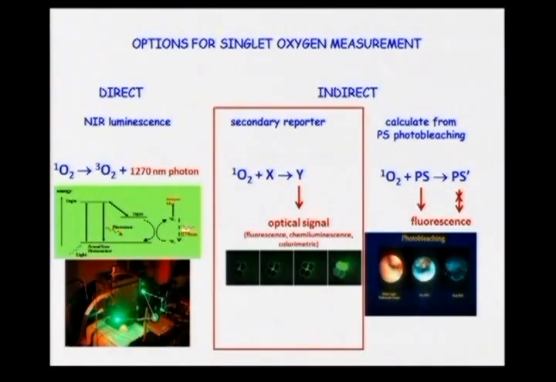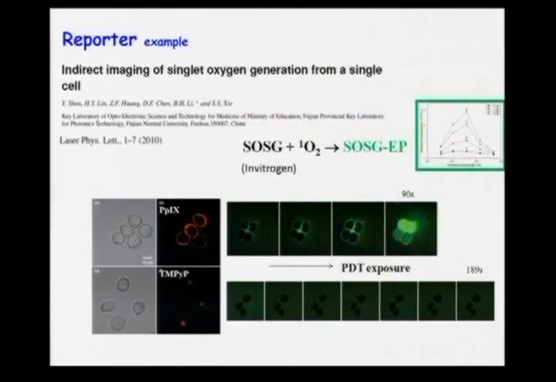So let me start with the middle one, the secondary reporter. So here's a couple of examples. This is indirect imaging of singlet oxygen using this molecule, SOSG. And this molecule is not fluorescent until it is attacked by singlet oxygen, and only singlet oxygen, and it becomes fluorescent. And this you see here.